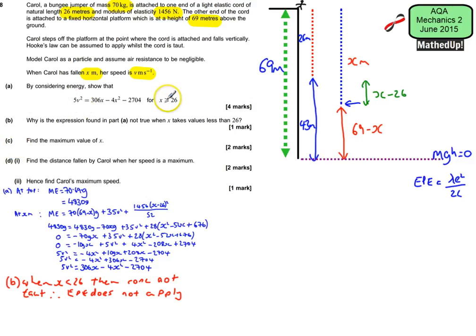So we can use this expression, but we're going to say v is equal to 0, therefore 0 is equal to 306x take away 4x squared take away 2704.